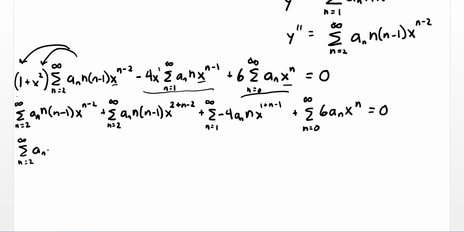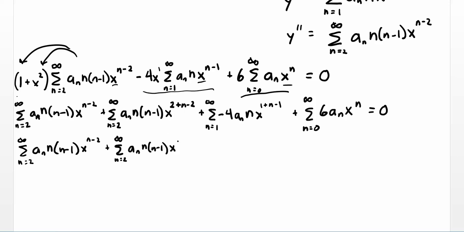The sum of a sub n times n minus 1, x to the n minus 2, plus this second series, n equals 2 to infinity, a sub n times n minus 1.